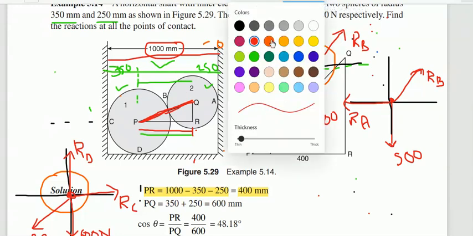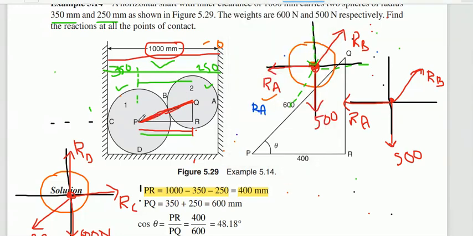Radius of sphere 1 and sphere 2. Correct. This distance is the radius of sphere 1 and this distance is the radius of sphere 2. Together they form PQ. So PQ is equal to 350 plus 250, that is 600. Is it clear why PR and PQ are 400 and 600?